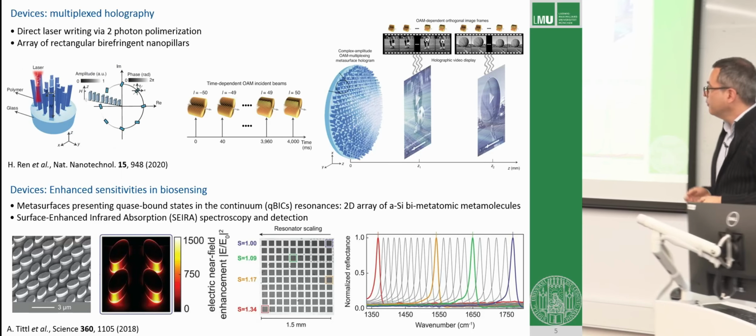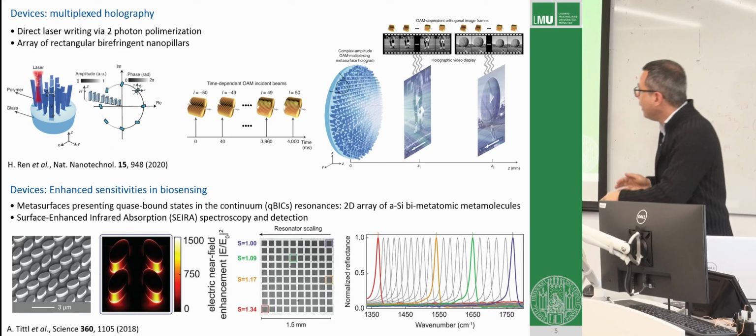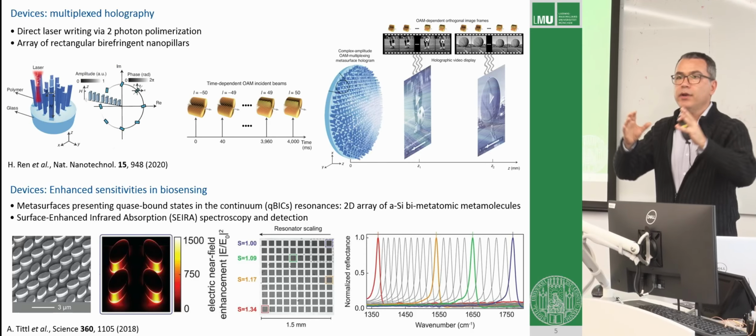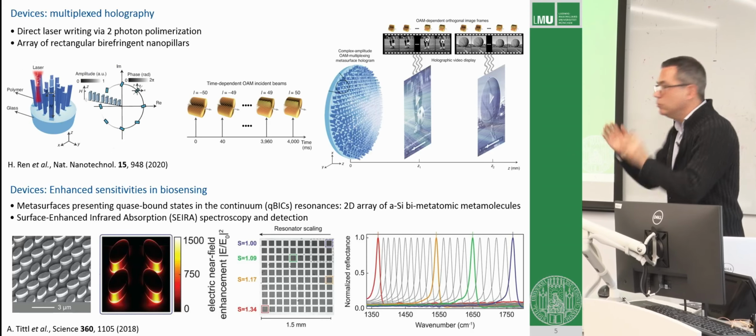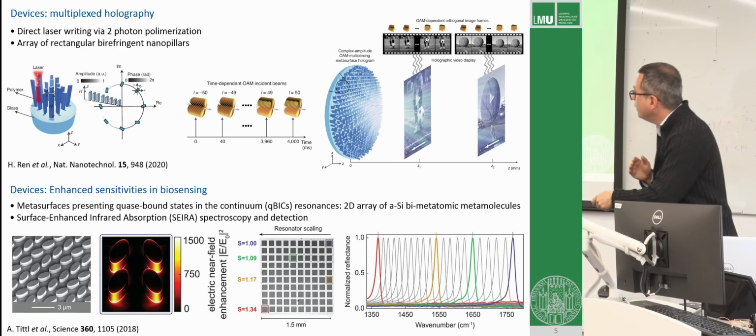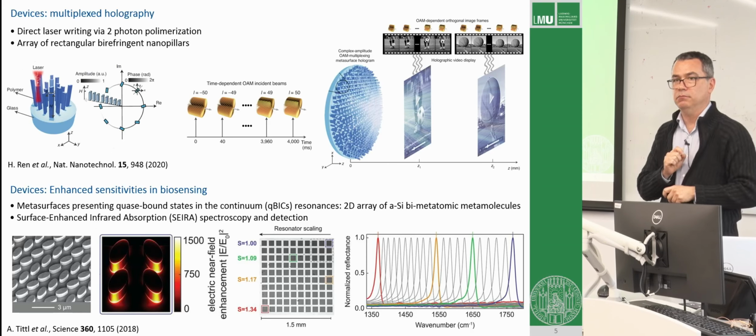These kind of metasurfaces allow, depending on the scaling factor, so if you increase these metamolecules a little bit in size or decrease them, or if you change a little bit the angle between these two ellipses, you can also tune the resonance of this structure.